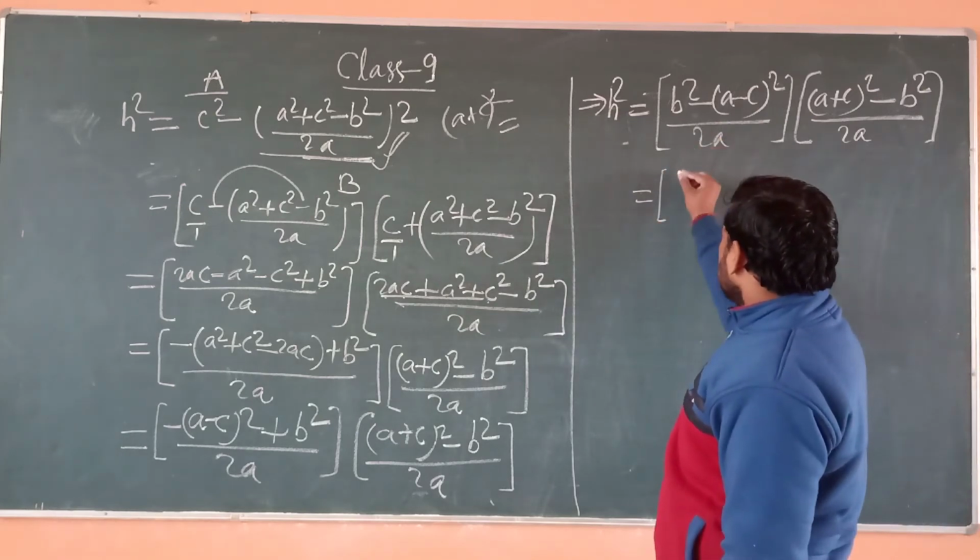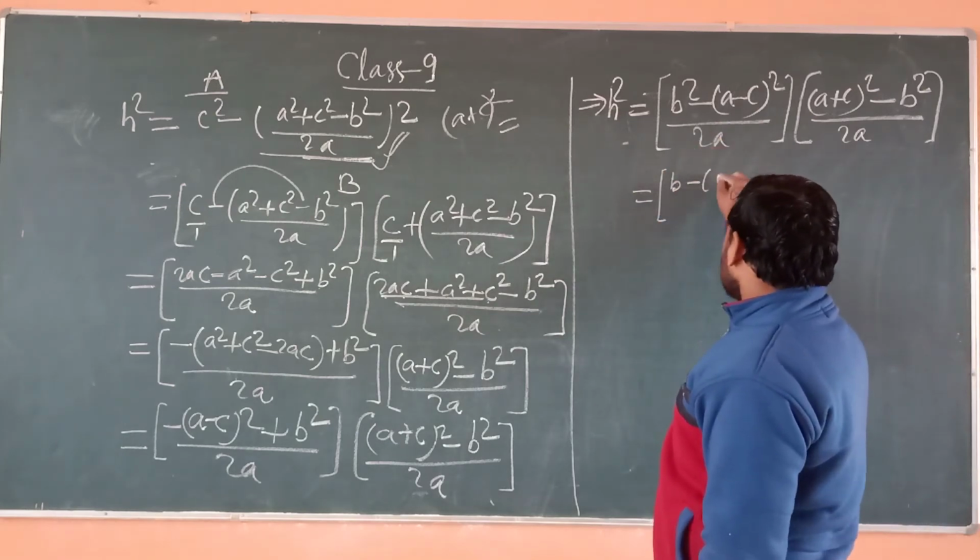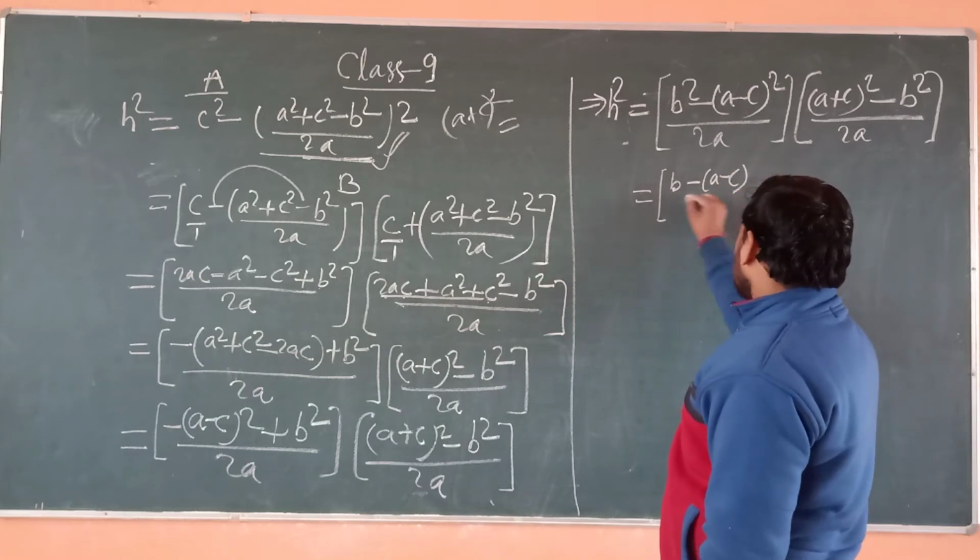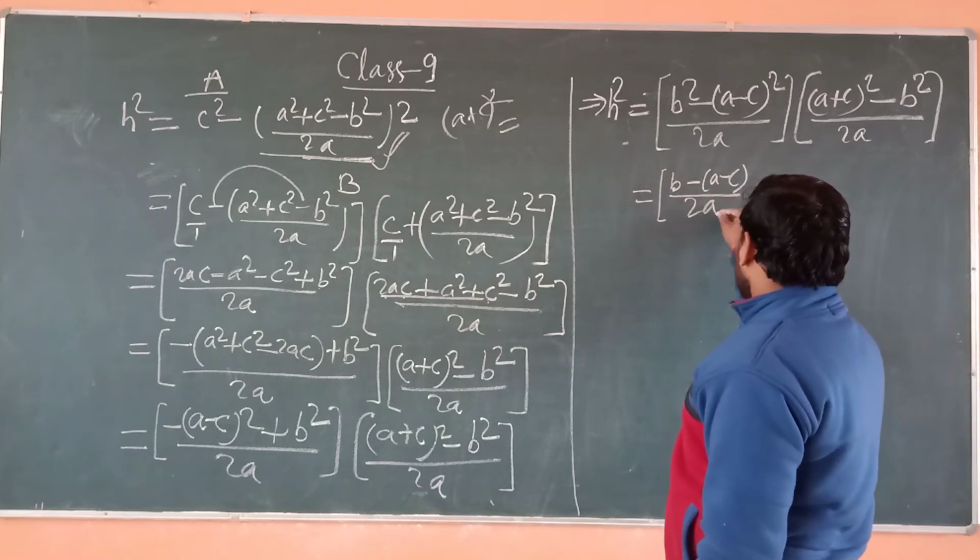a minus b into b minus a minus c upon 2a.